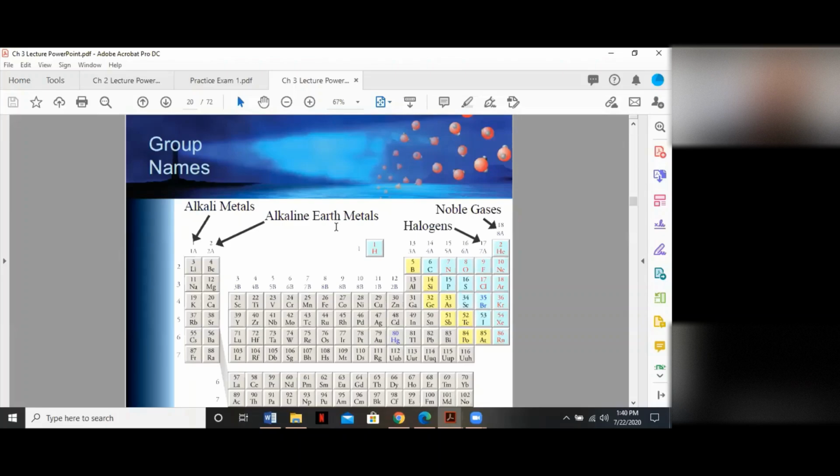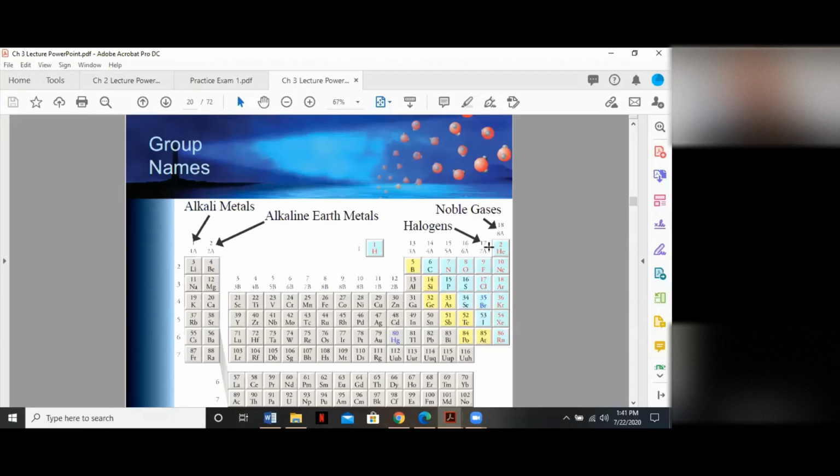I'm not required to know properties of those. I don't need to worry about those. Later on, we're going to learn some of the chemical behavior, how they behave in chemical reactions. That's what's more required than knowing what properties they have.